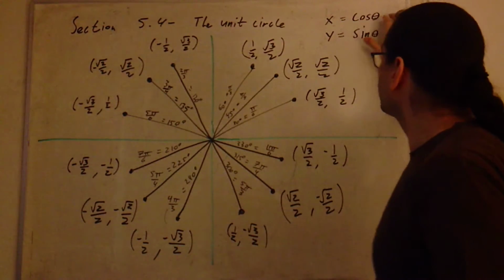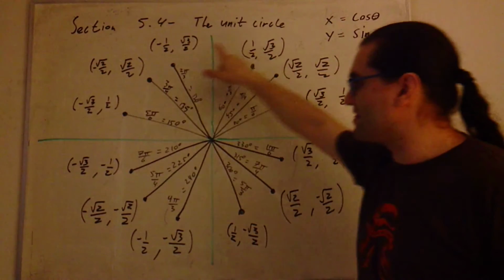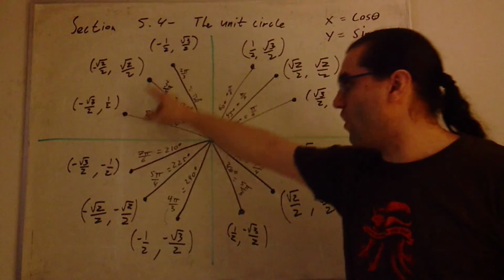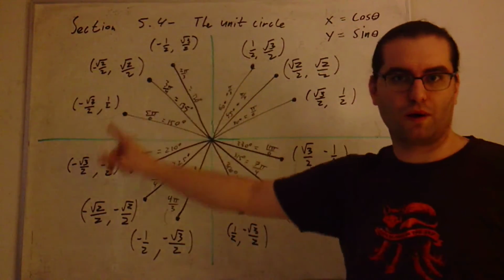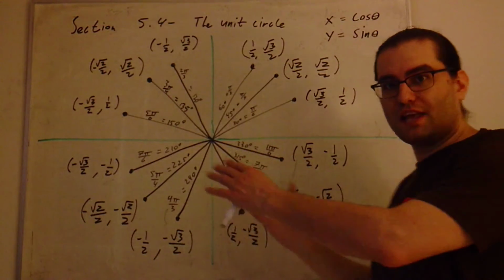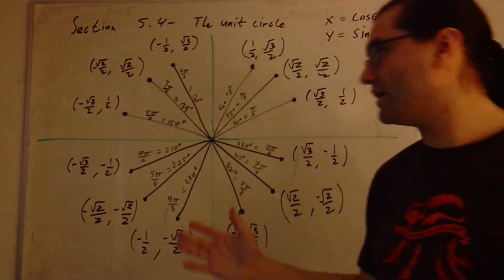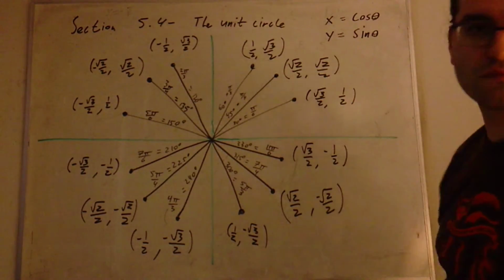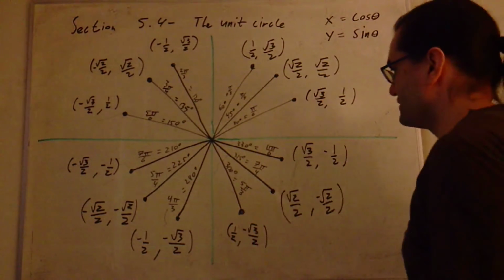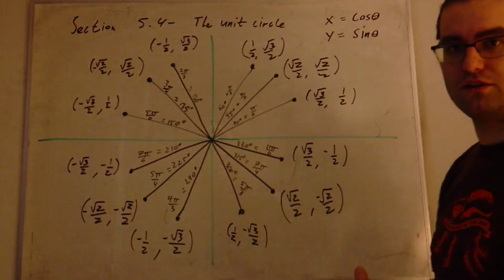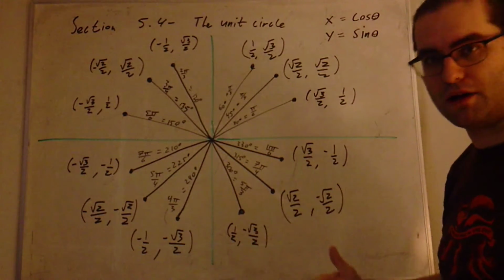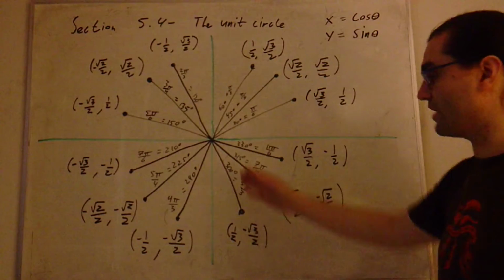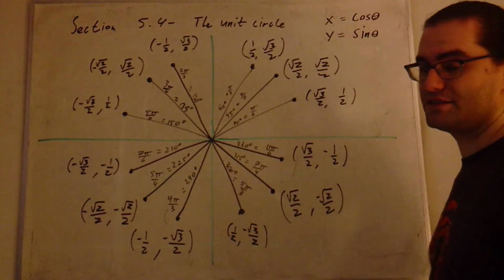X is cosine and y is sine on this diagram because all of these distances are 1. If you extend these out past a distance of 1, this is no longer true. For those bigger ones, you still have to look at the sides of a triangle and talk about adjacent over hypotenuse. If the hypotenuse is 1, then it's easy.